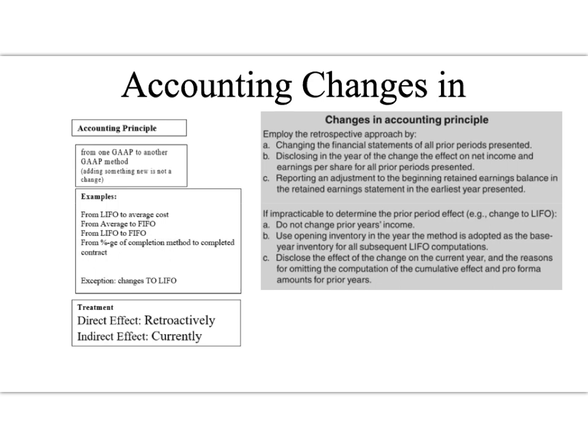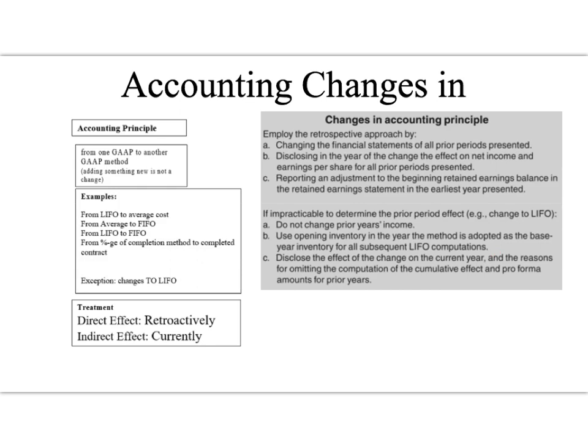So because it isn't practical to go to LIFO and restate retrospectively, FASB says, okay, do not change prior years' income. Use opening inventory in the year the method was adopted as your base year inventory for all subsequent LIFO computations.